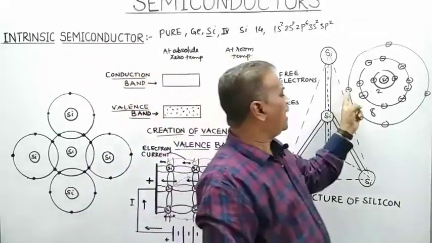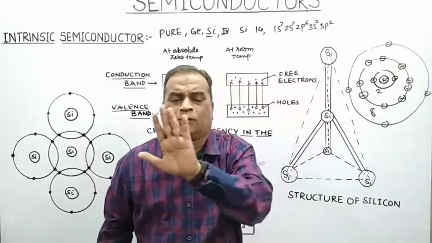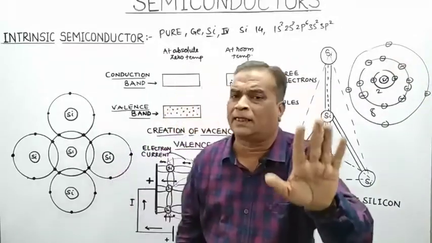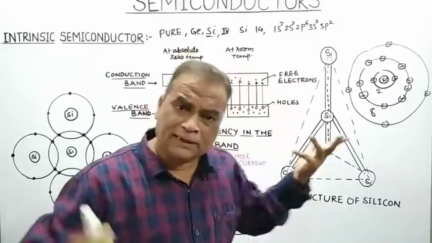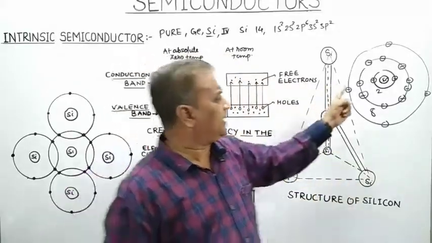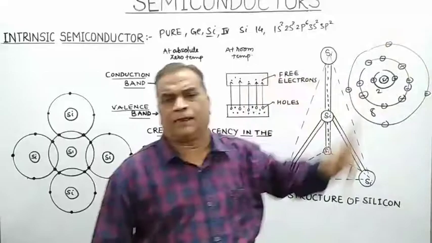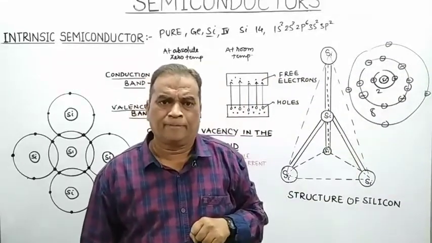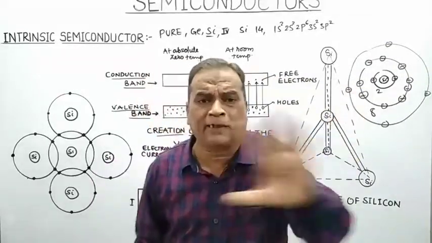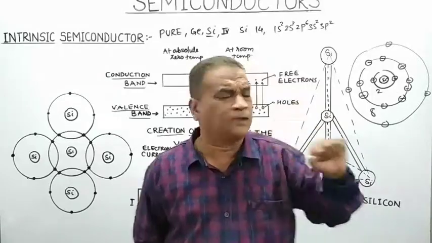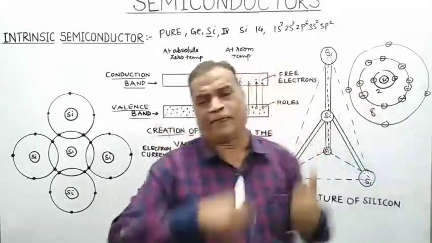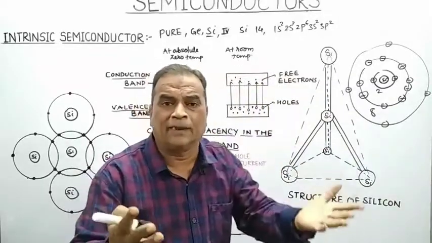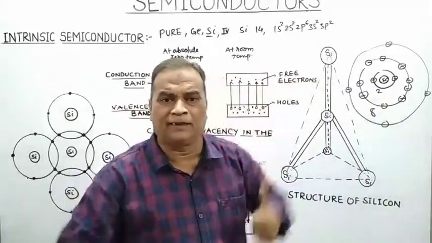The electrons in the outermost orbit of silicon do not satisfy the condition required for stable electronic configuration. A silicon atom with 4 electrons in its outermost orbit is not stable. But we know that an atom is the most stable particle in the universe.